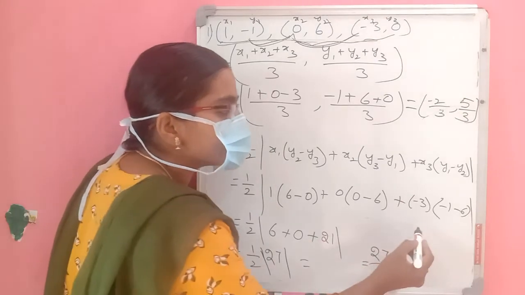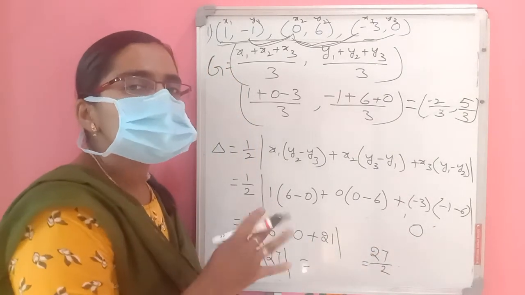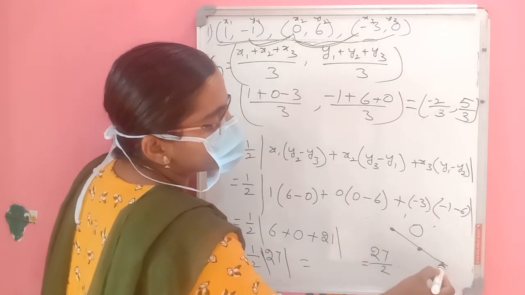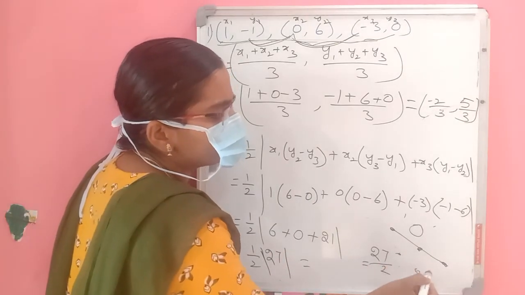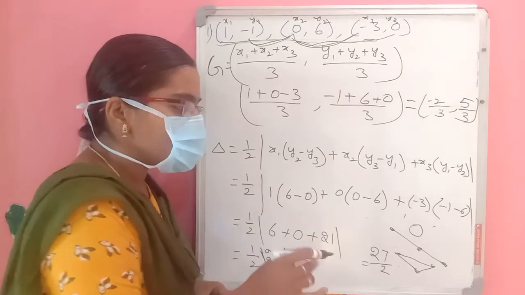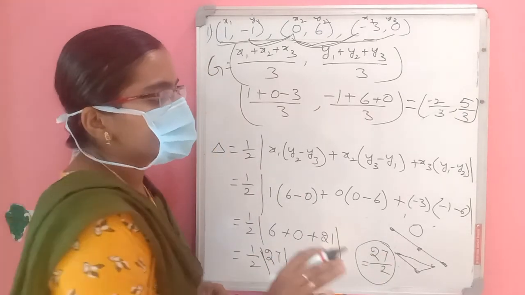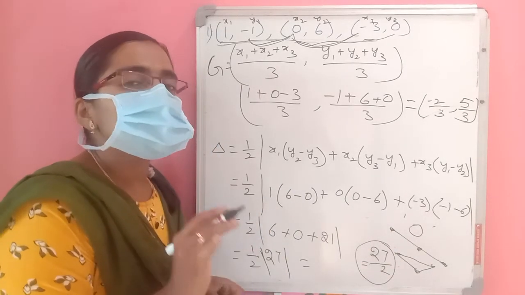If the area of the triangle is 0, it means there is no triangle, no triangle means a straight line. These 3 are collinear points. If these 3 are not collinear, whatever the points, we should get a triangle, no? So if this area becomes 0, then we can say these 3 points are collinear.